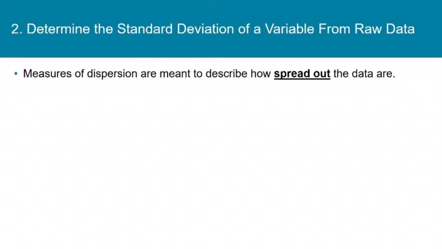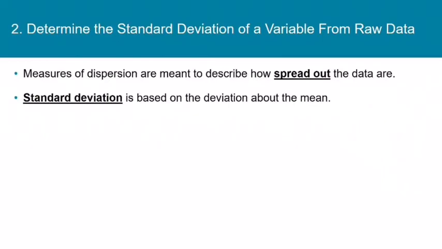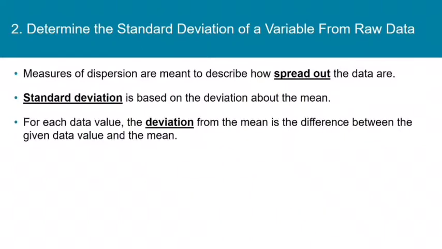Now let's look at our second measure of dispersion, which is going to be standard deviation. So keep in mind that measures of dispersion are meant to describe how spread out the data are. So standard deviation is another measure of dispersion, and it's based on the deviation about the mean. So what do I mean by deviation?